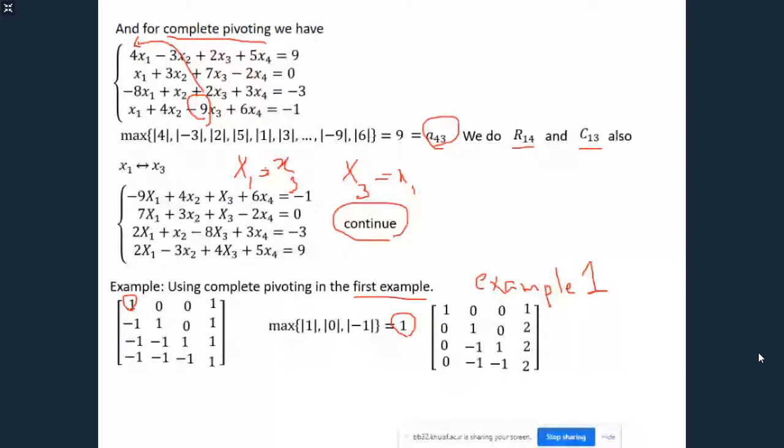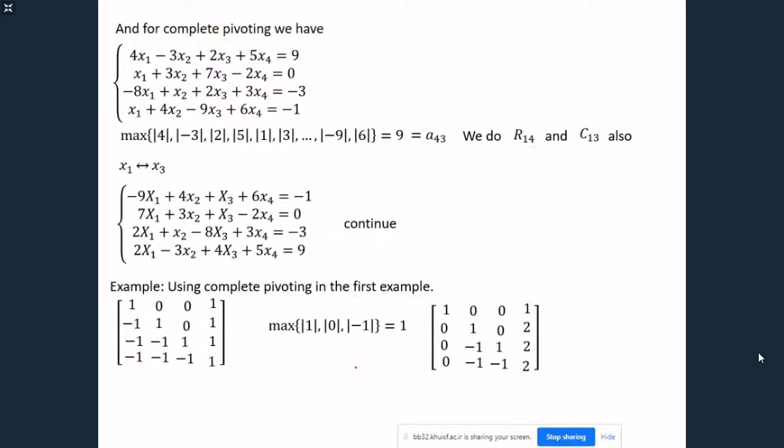And after changing the first column -1, -1, -1 to the 0, we will find this system. Now we want to calculate the maximum again.